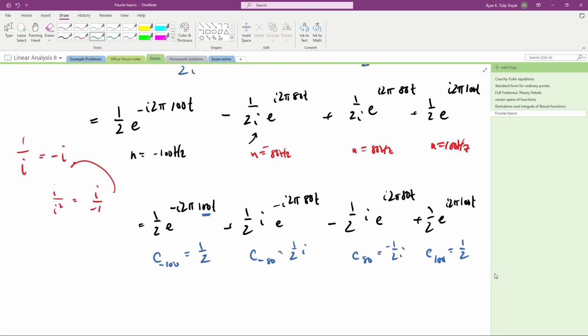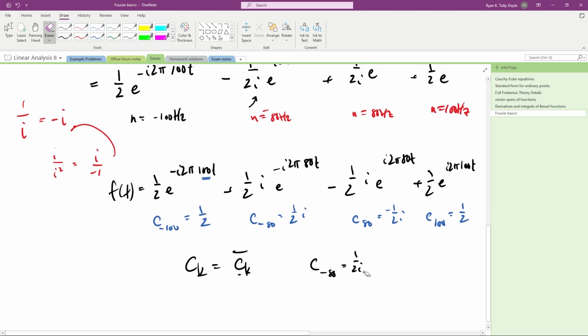And we could verify that we believe the work that we've done by looking at the relationship between the different values of c, the different coefficients. Remember that it's supposed to be the case that ck is equal to the complex conjugate of its negative coefficient. And we see that right here. C minus 80 is 1/2 i.